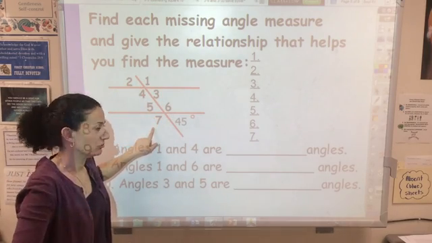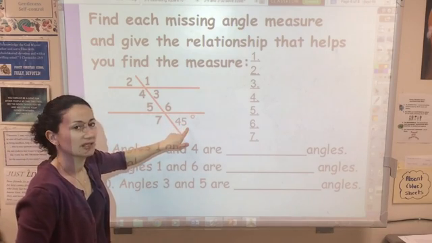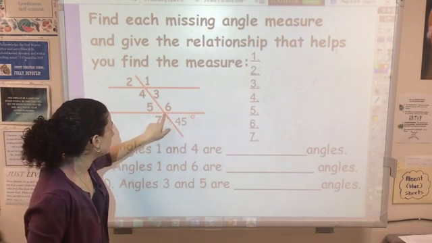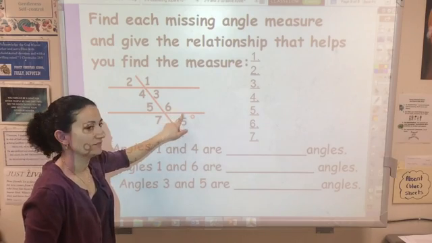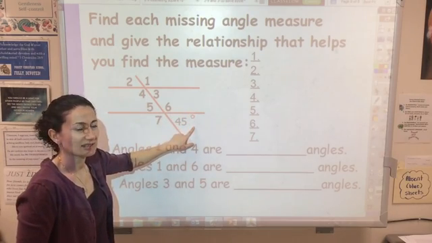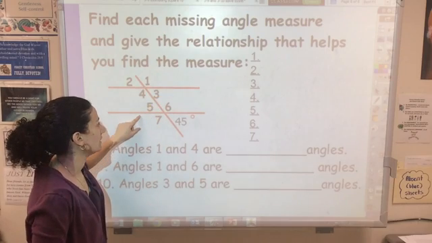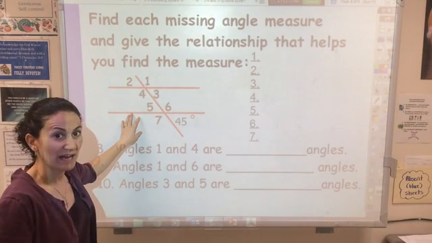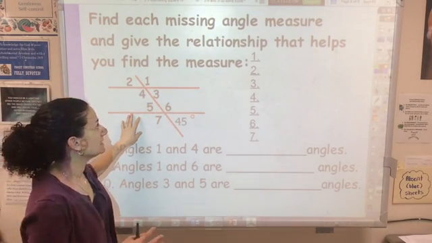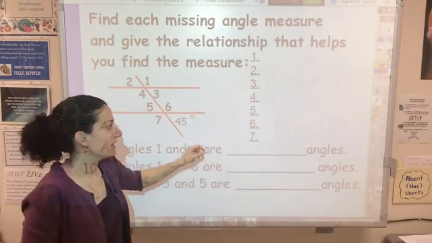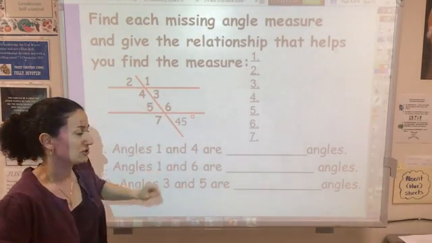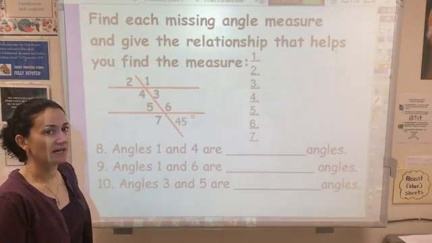If I'm telling you this measure right here is 45 degrees, this little angle right here is 45 degrees. Knowing that, see if you can find the measure of all these others. And then if you can, this is an extra bonus, see if you can tell me the relationship that helps you figure out that measure. And then see if you can answer 8, 9, and 10.